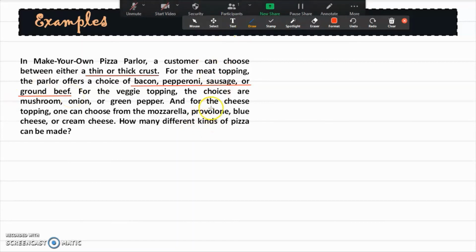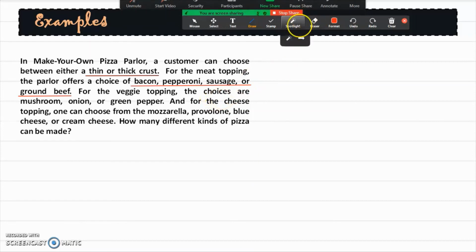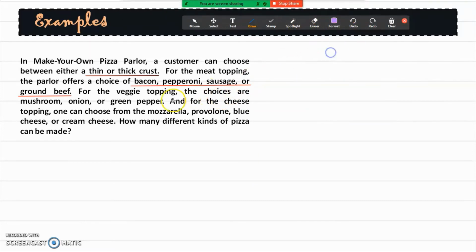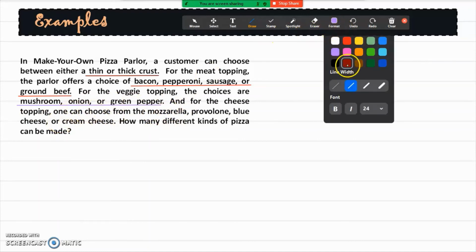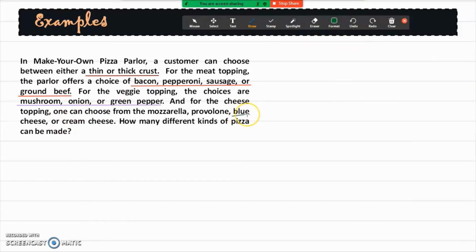For the veggie topping, the choices are mushroom, onion, or green pepper. And for the cheese topping, one can choose from mozzarella, provolone, blue cheese, or cream cheese. Okay, so question: how many different kinds of pizza can be made?